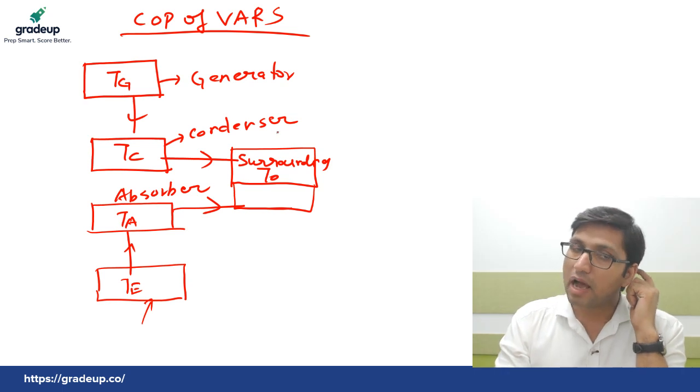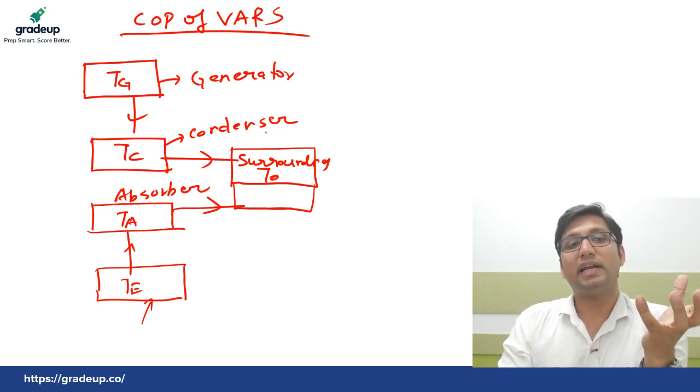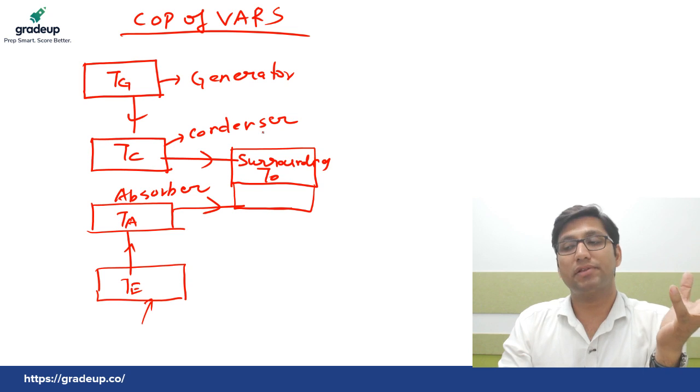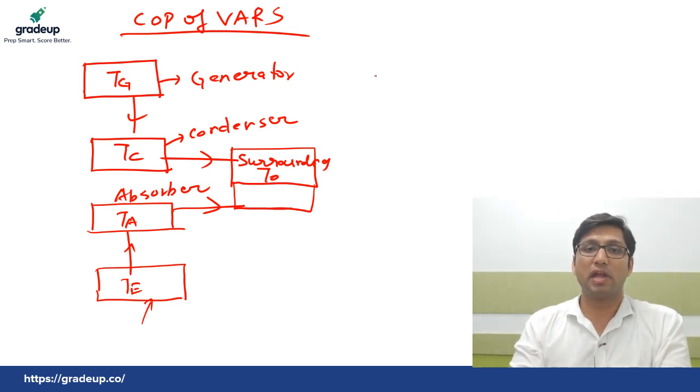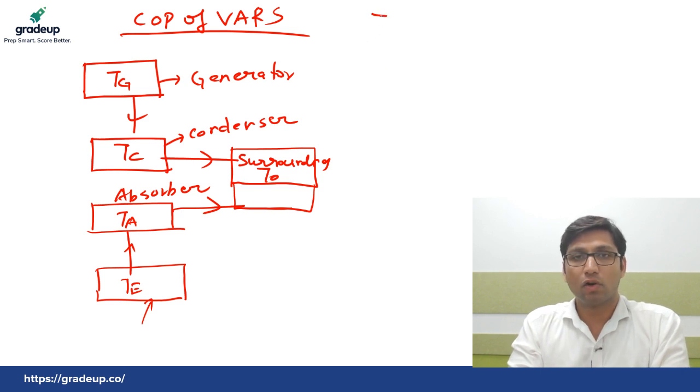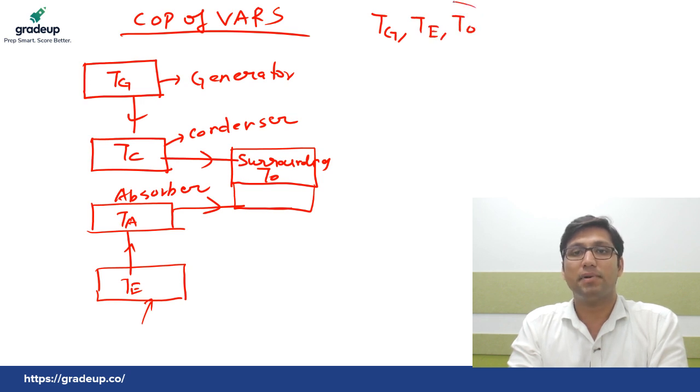Now, how to find the COP of a vapor absorption refrigeration system? If a vapor absorption refrigeration system is given to you in the exam, you can find the COP by using only three temperatures: Tg, the generator temperature, Te, the evaporator temperature, and T0, the atmospheric temperature.